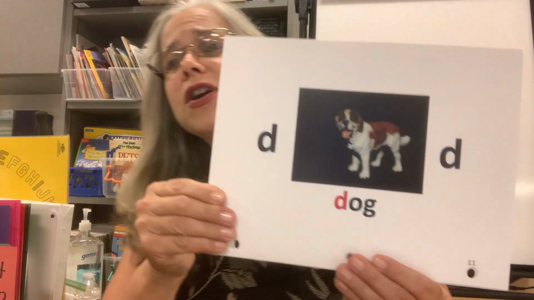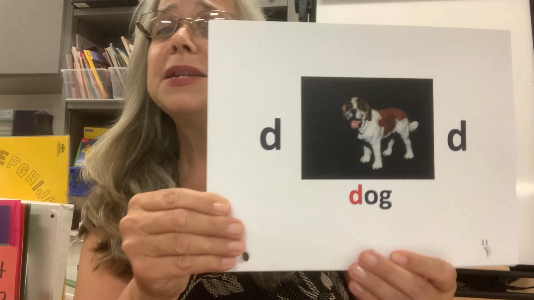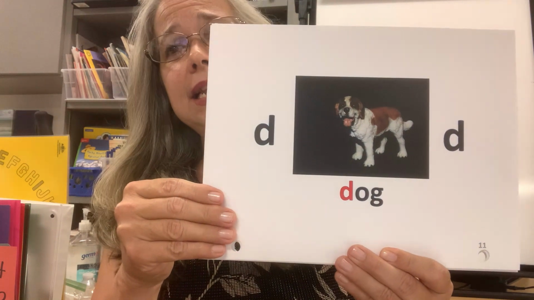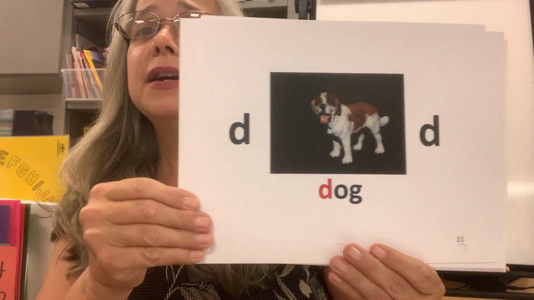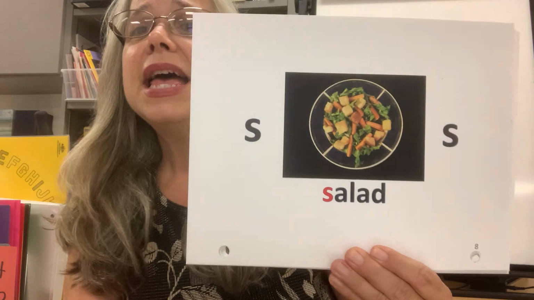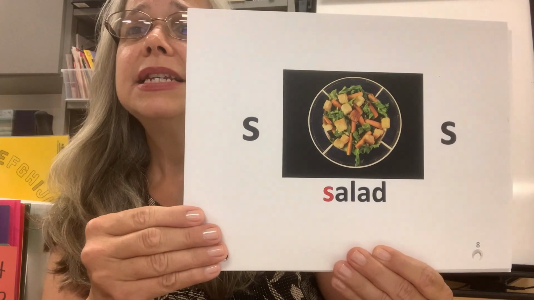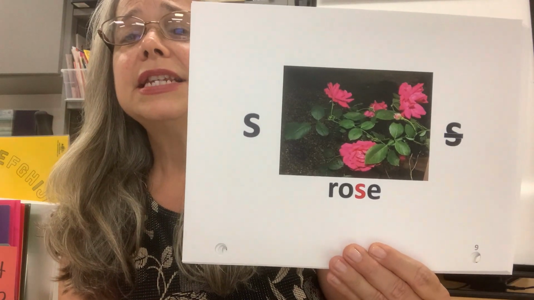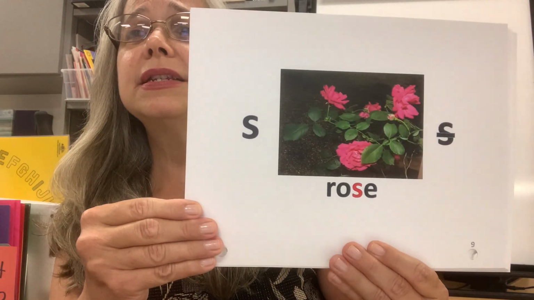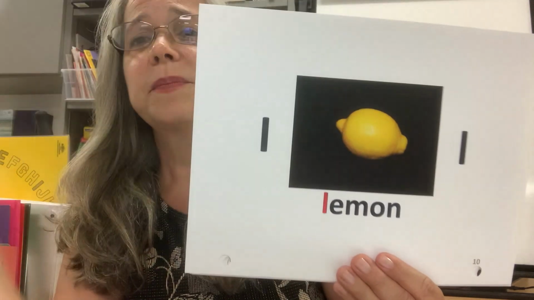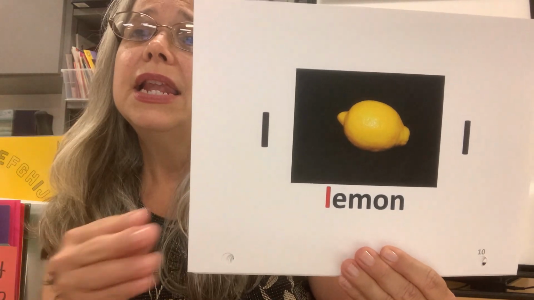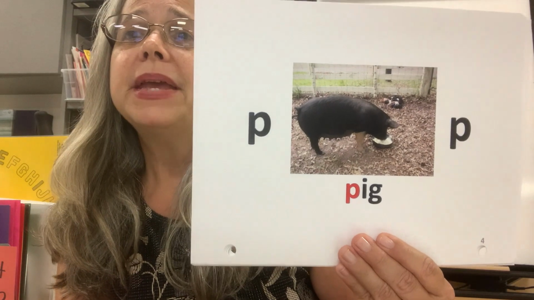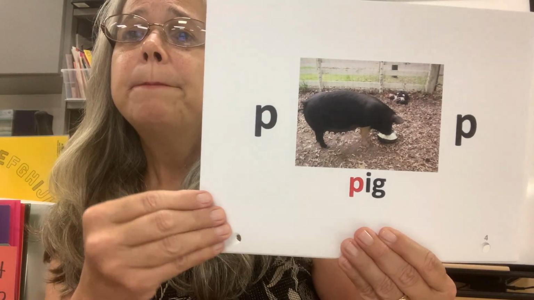Let's go over our letter names, the keyword, and the sound. D, dog, d. S, salad, s. S, rose, z. L, lemon, l. P, pig, p.